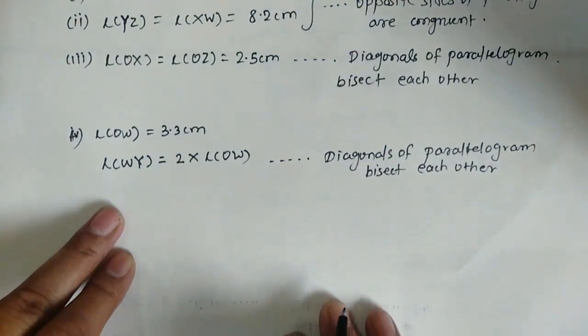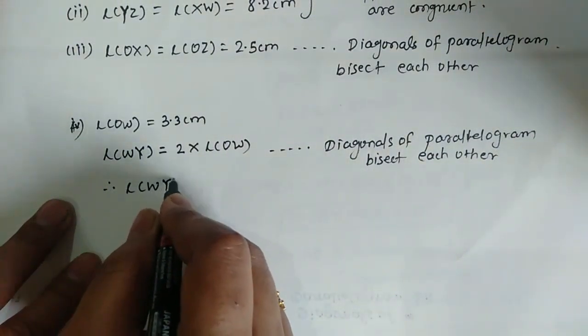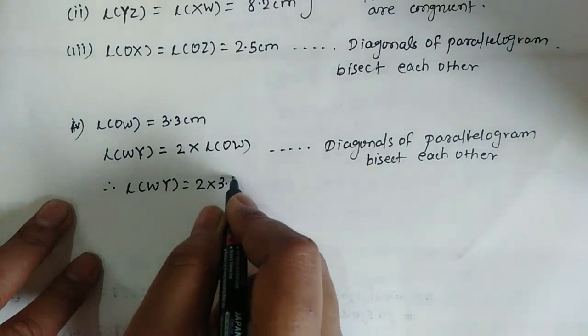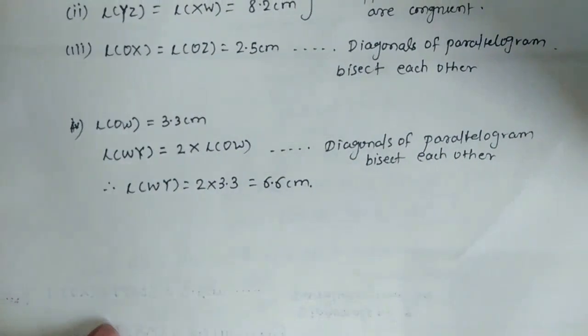Correct? So now calculate this. Therefore, length of WY is equal to 2 multiplied by 3.3 is equal to 6.6 centimeter.